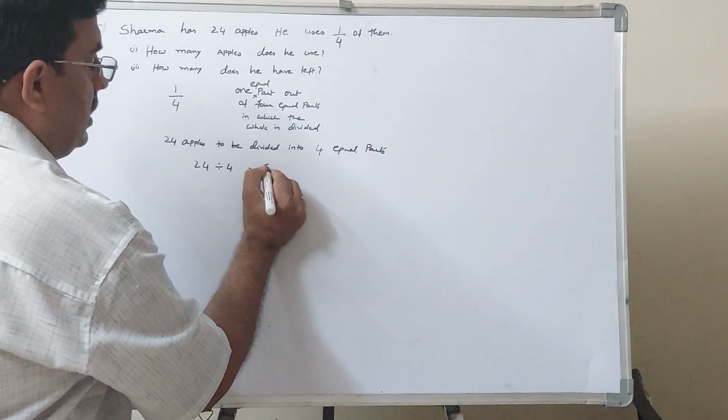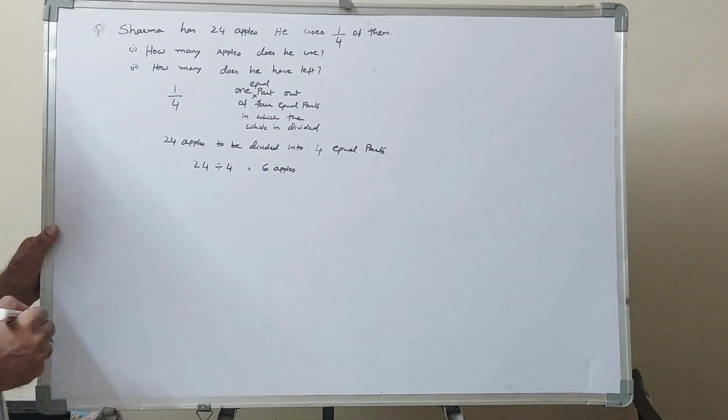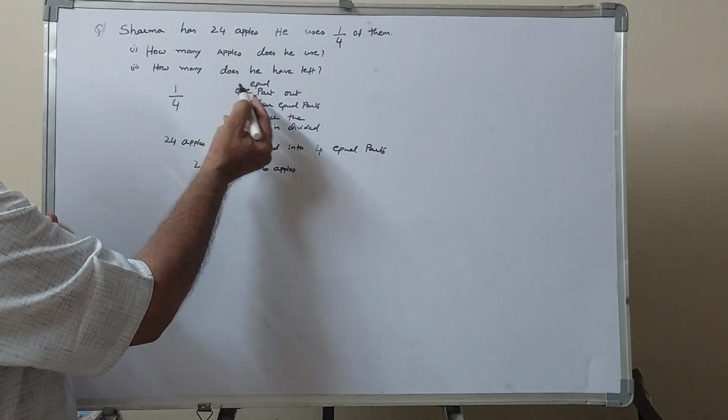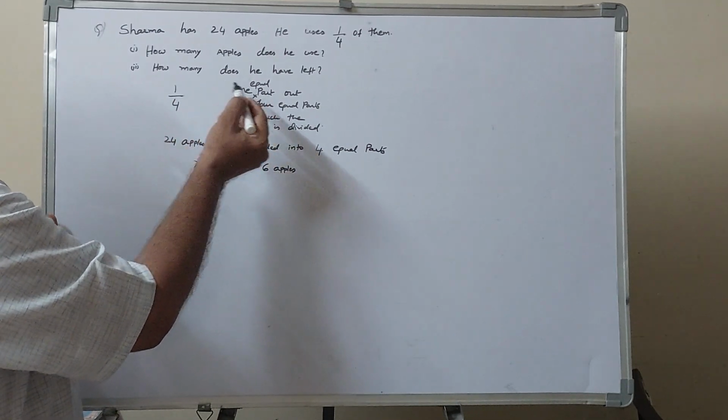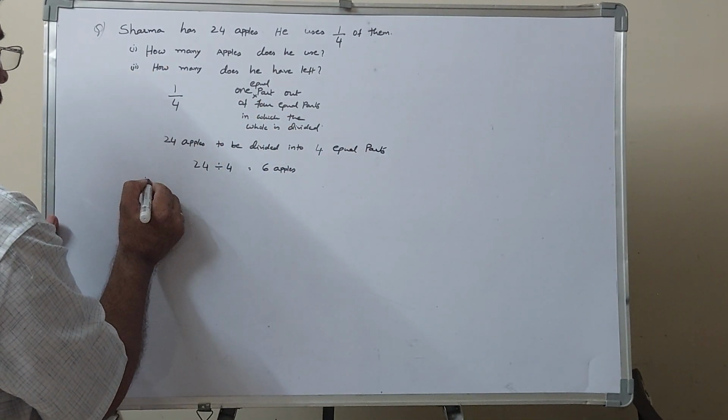You get 6 apples. Okay? So one equal part is 6 apples.